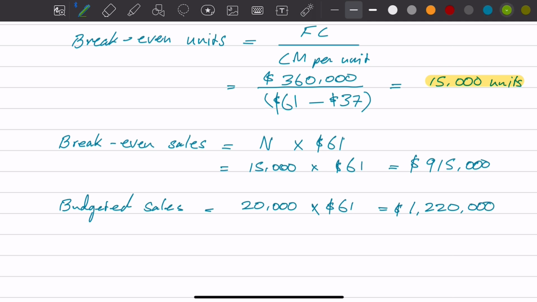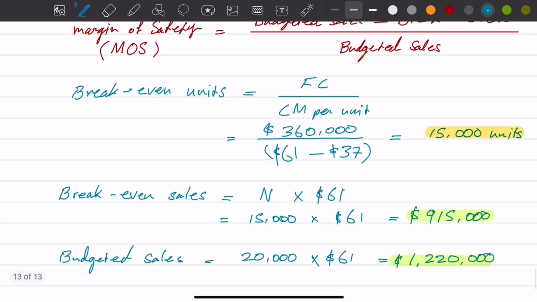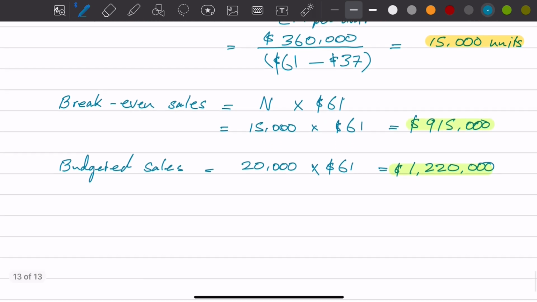Okay. Now we got both of our inputs that we're going to use for the margin of safety formula. Okay. The break-even sales, 915,000. The budgeted sales, 1,220,000. Okay.